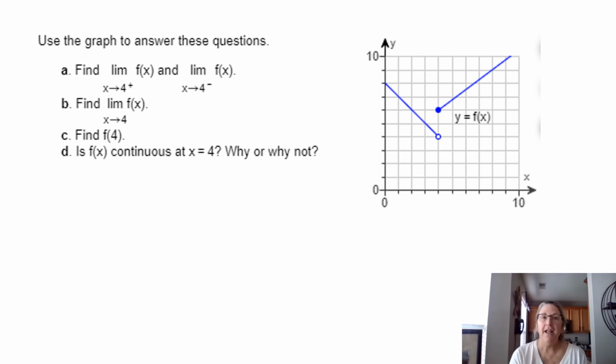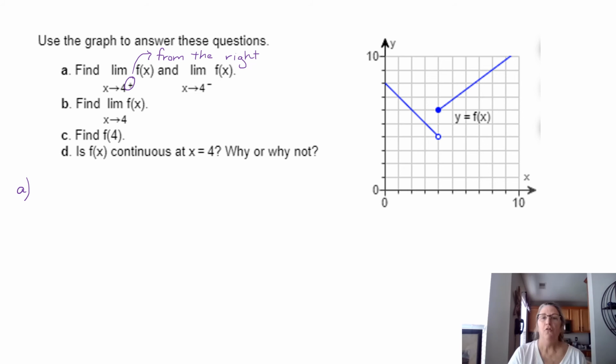And then the last thing I want to talk about is using this graph to answer the questions. So for A, when we want to find the limit of f of x as x approaches 4, notice the plus in the exponent place. That means from the right.